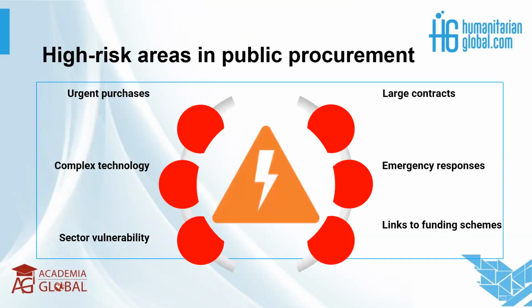Let's discuss the high risk areas in public procurement. High risk areas in specific is just where are there opportunities for corruption to occur in our organizations, or you as the procurement person, if you're managing a procurement, where there are chances that corruption might occur. The first one is urgent purchases.